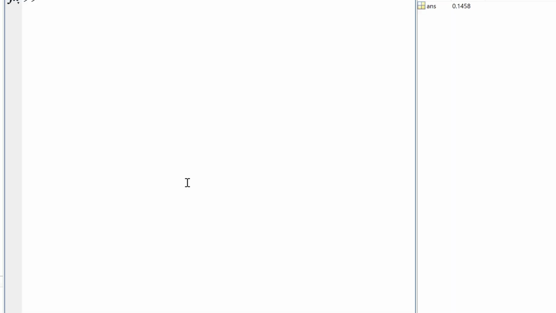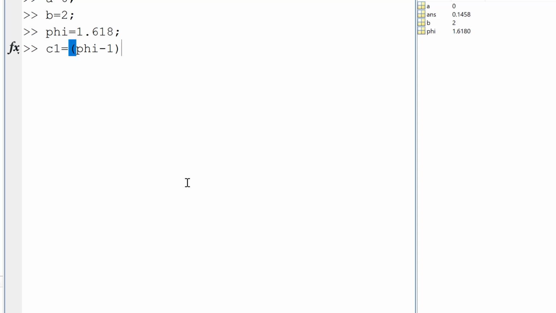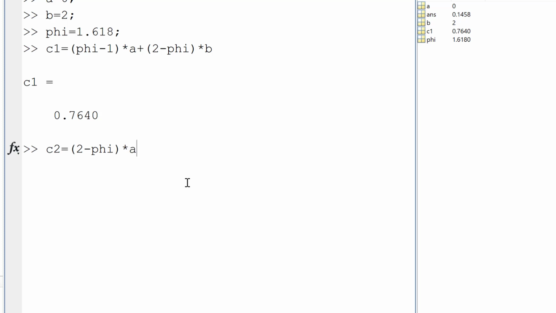So we have A equal to 0, B equal to 2, and we have to define phi equal to 1.618, and then C1 is phi minus 1 times A plus 2 minus phi times B, and C2 is 2 minus phi times A plus phi minus 1 times B.